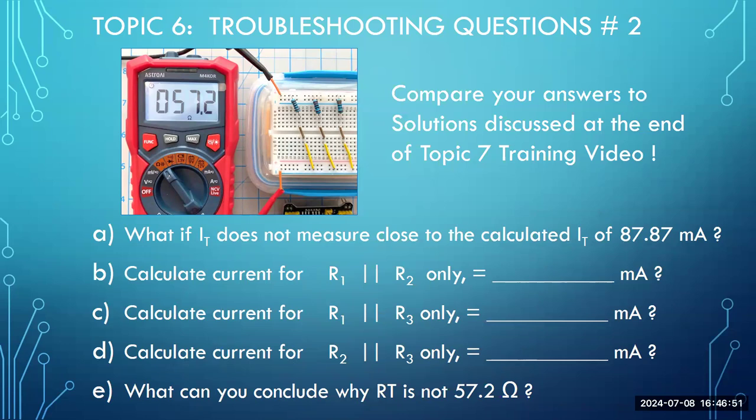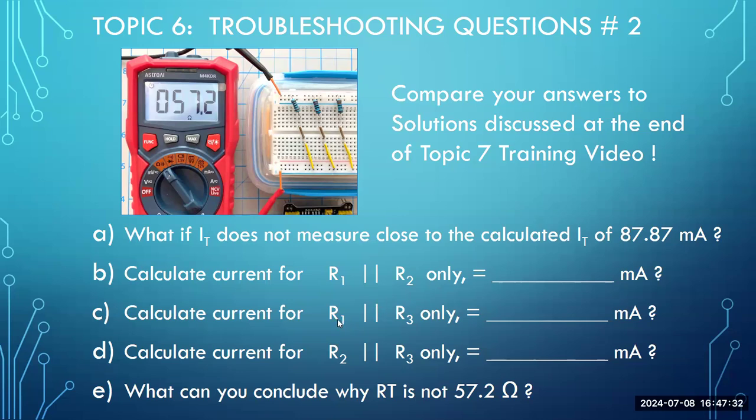I'm going to reword this, but what it asks you: suppose your IT doesn't calculate close to the calculated current of 87.87 milliamps. The ideal ohms is 56.9. And if we use 56.9, we should be able to calculate that into 5 volts to generate a certain amount of current. So your task, and you write these calculation tasks down if you haven't already from the previous video, your task is to calculate current for R1 and R2 only, meaning R3 is dead and gone.